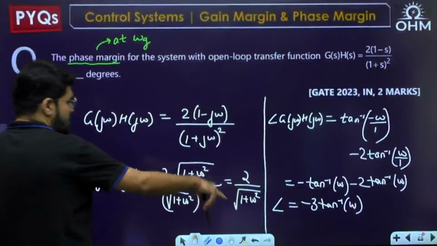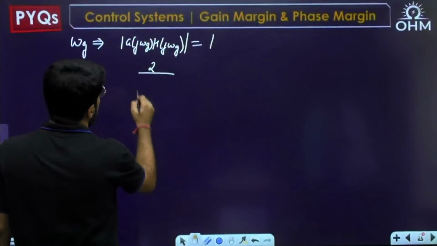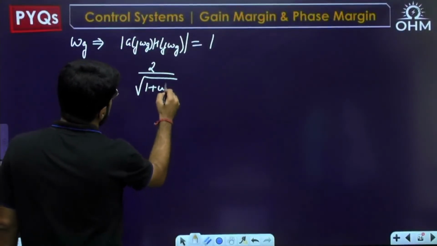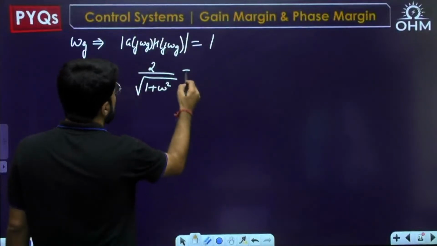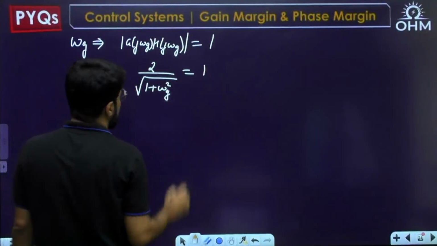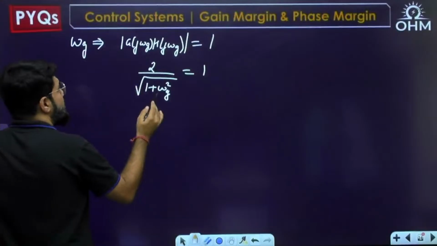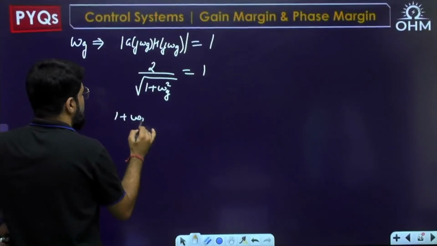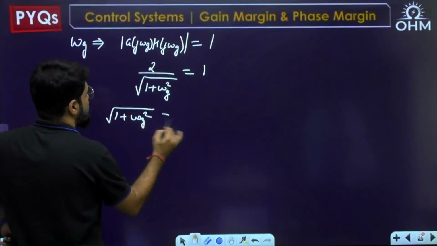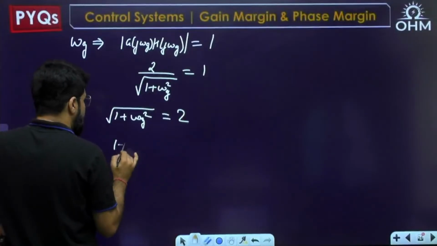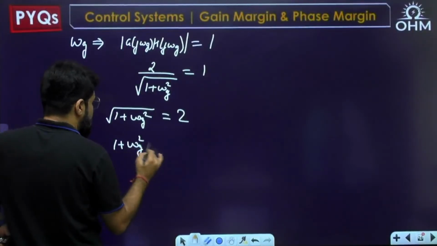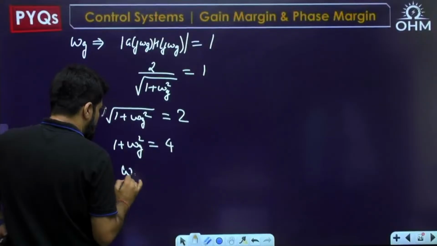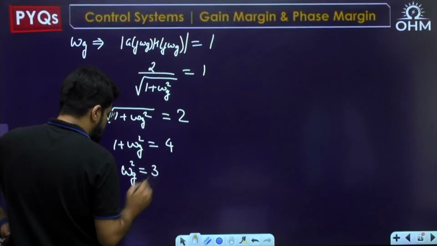So this function I will take: 2 upon under root 1 plus omega square, and this should be equal to 1, at which frequency? Omega g. So under root 1 plus omega g square is 2. Take the square, so 1 plus omega g square will become 4, and omega g square is equal to 3.